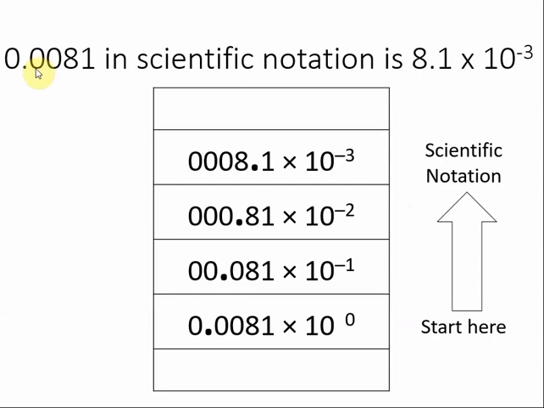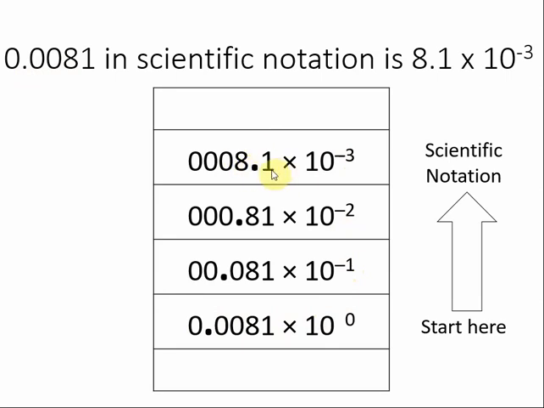So here's a small number, 0.0081. You all know that this first 0 is mostly just a placeholder. It's there so we can see where the decimal is. The zeros we're concerned about are these two, 0081. To put that into scientific notation, we moved the decimal to the right, and as we moved the decimal to the right from here, the exponent went down, down, down, and we stopped at this point, 8.1.